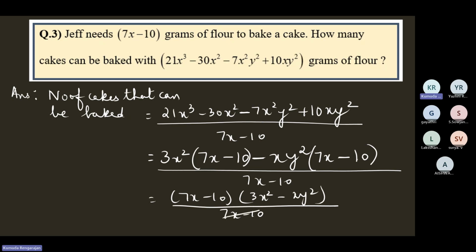So 7x minus 10 gets cancelled. And again, between these two terms, you can see that x is common. So x out, 3x minus y squared. So many cakes can be baked.